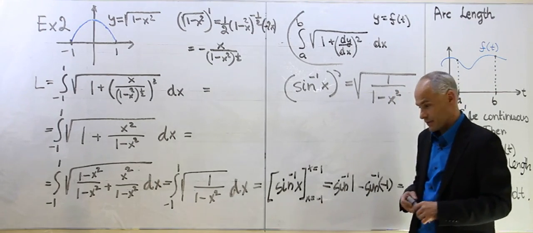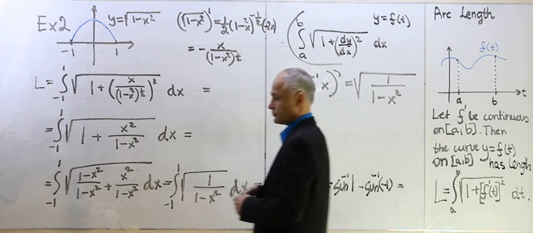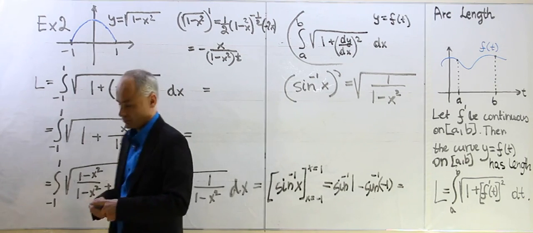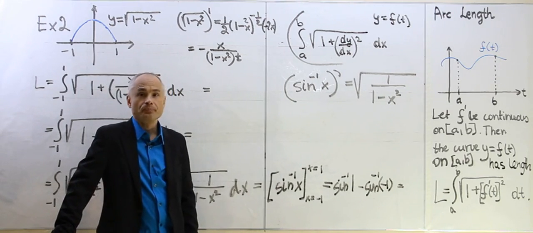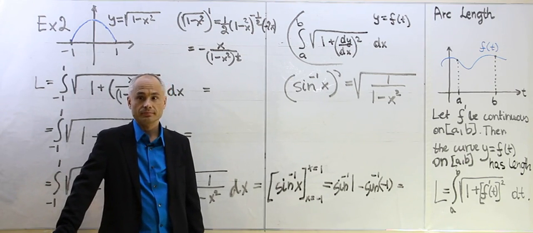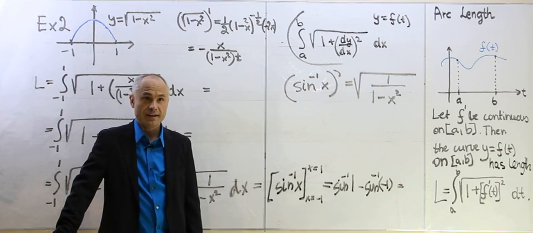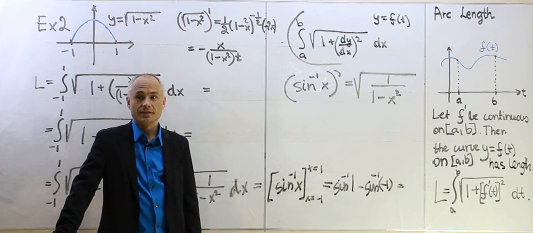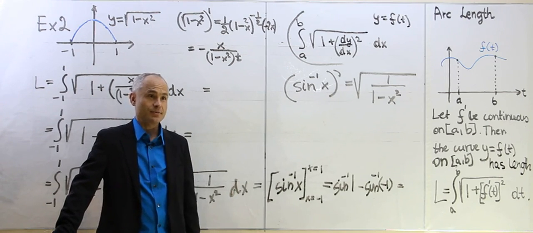What's inverse sine of 1? In other words, what is the angle between negative pi divided by 2 and pi divided by 2 such that sine of that angle is 1?